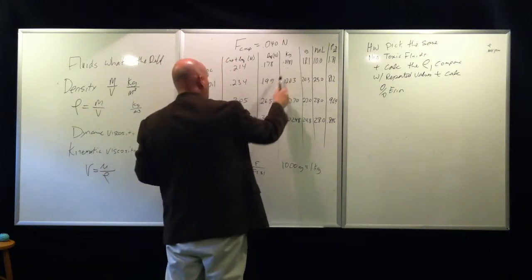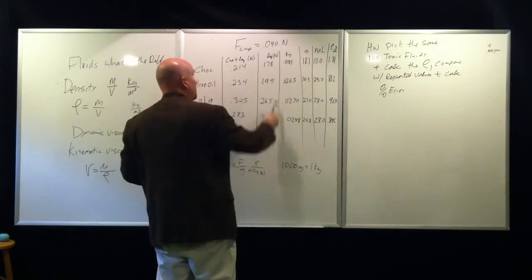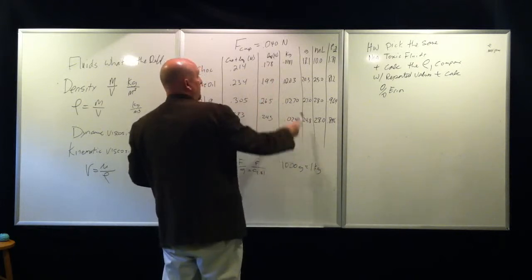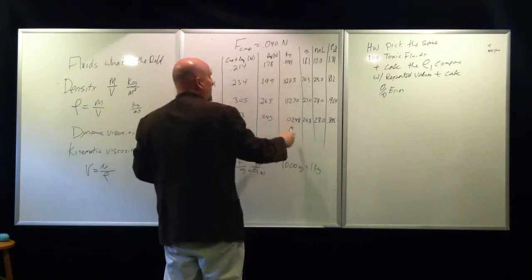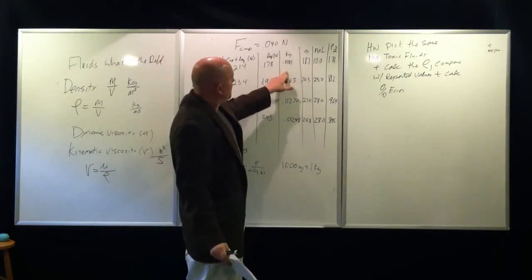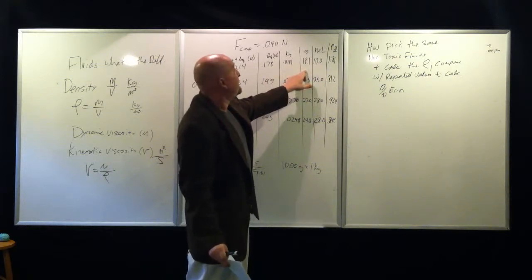This column is calculated by force equals mass times acceleration to determine the mass. This is the force, or weight, divided by the acceleration of gravity, 9.81, and you get this column. This column is obtained by converting from kilograms to grams. There's 1,000 grams in a kilogram.